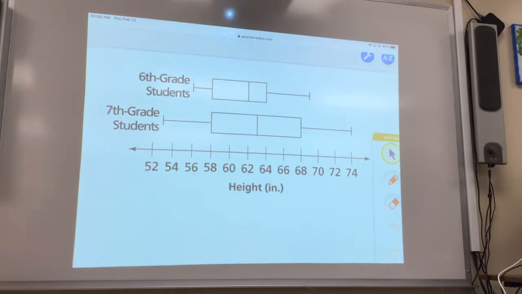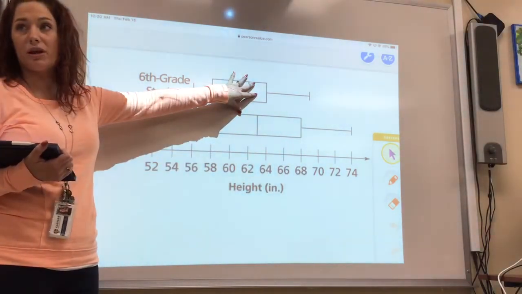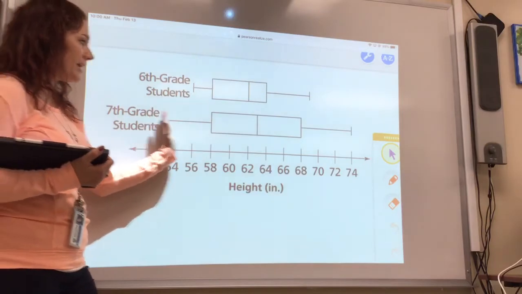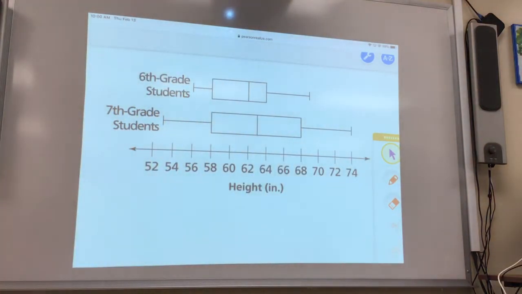Okay, so this interquartile range here, the box itself is significantly larger than the 6th grade box, and the range itself is significantly bigger. So really, what does that mean? What does it mean that the 7th graders have a greater variability? Claire?